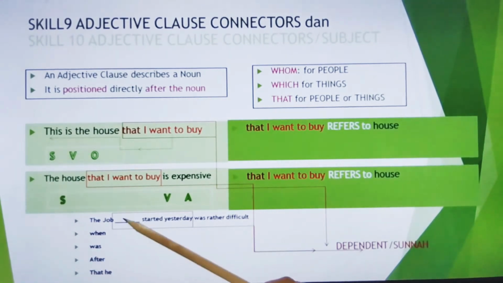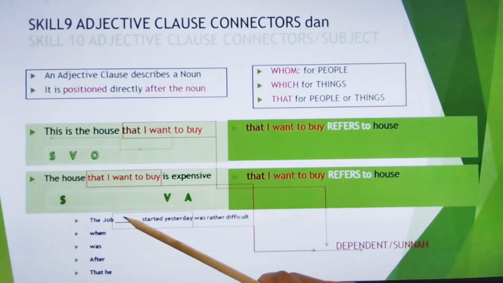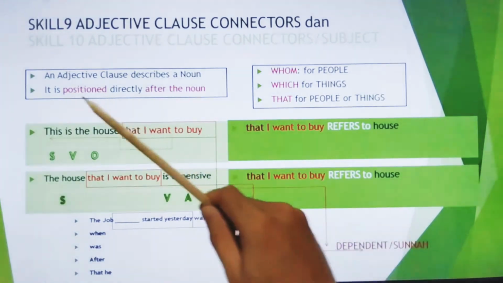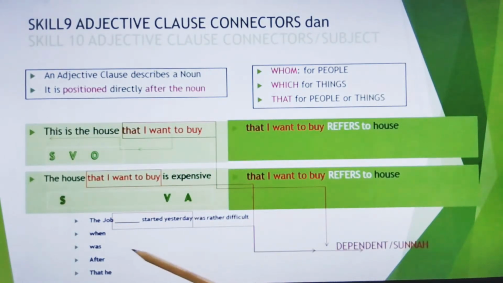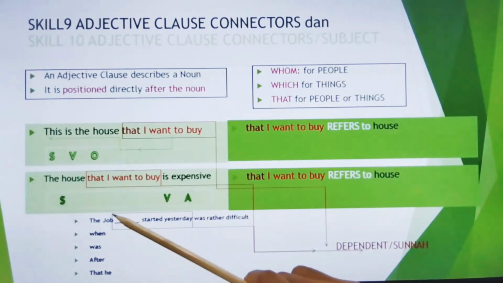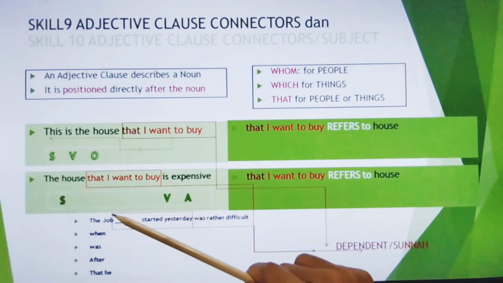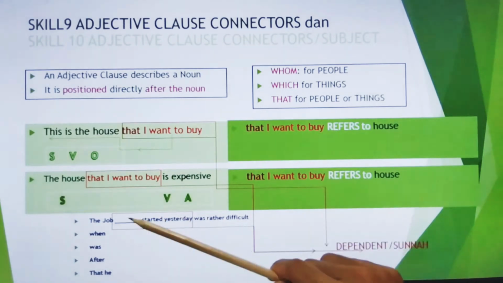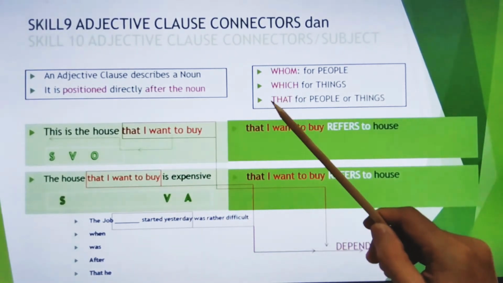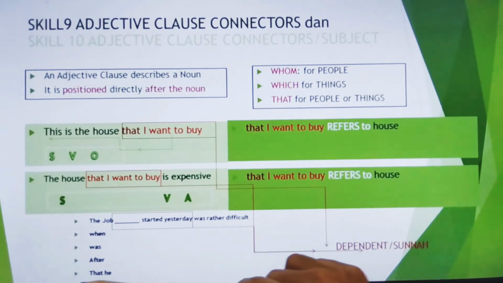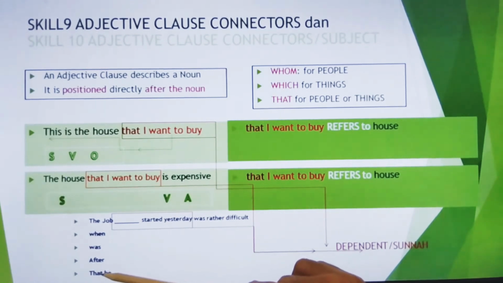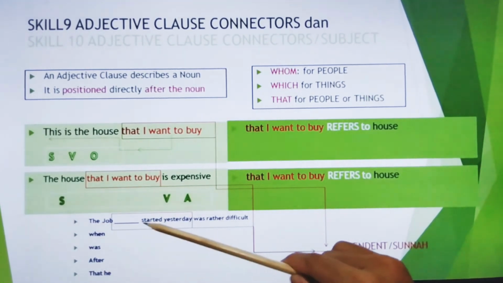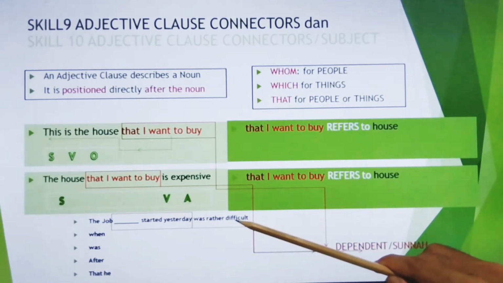But the question is, how could we answer this one? We pay attention to the direction: the position is directly after the noun. This is a noun, and directly after it is supposed to be followed with a connector. So the analysis is: the job that he started yesterday was rather difficult.